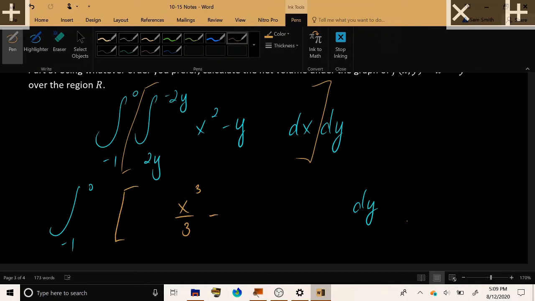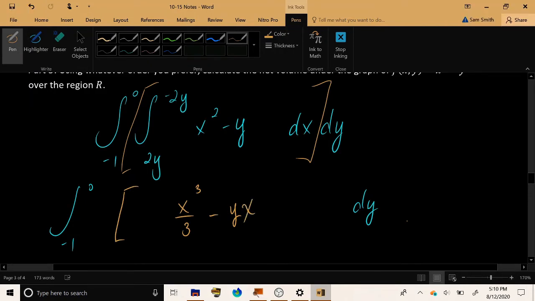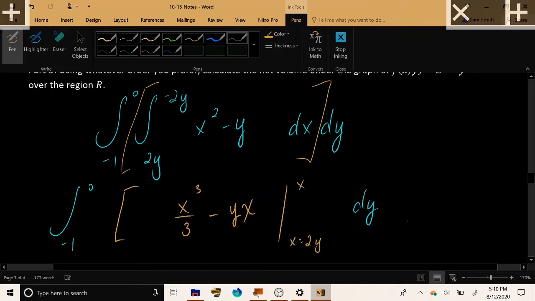It's a number. And the integral of a number is that number times your variable. So the antiderivative of y with respect to x is y times x. And let's evaluate that from x equals 2y to x equals minus 2y.